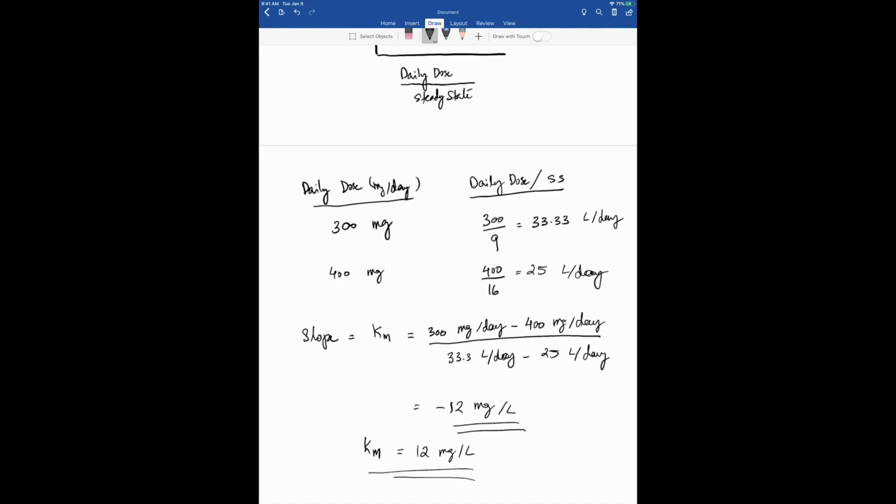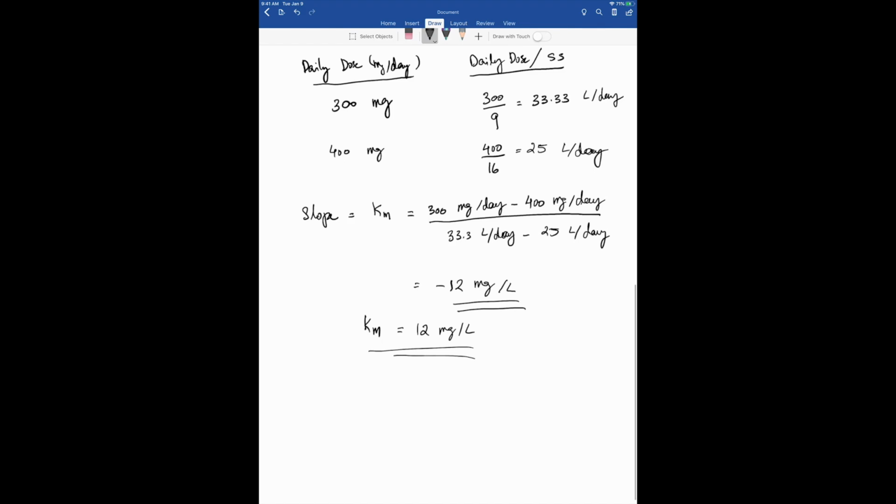Now this is pretty much similar to y equals negative mx plus c, where m is the slope and c is the intercept.